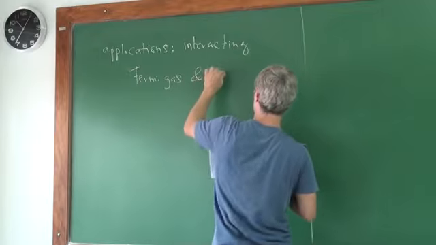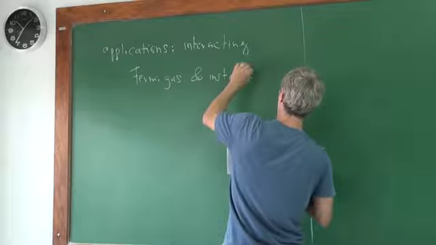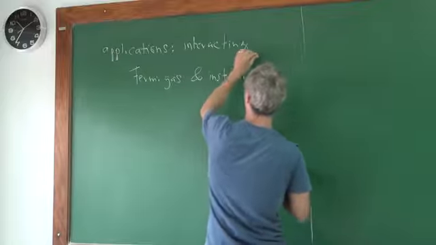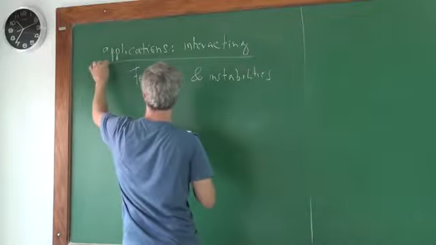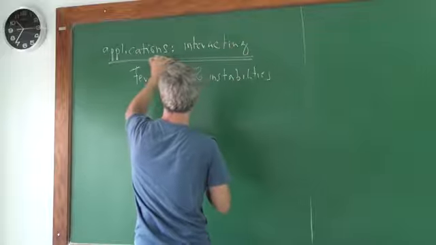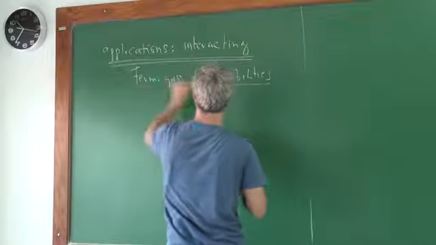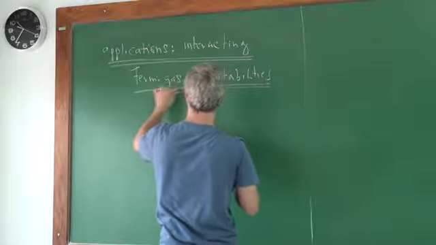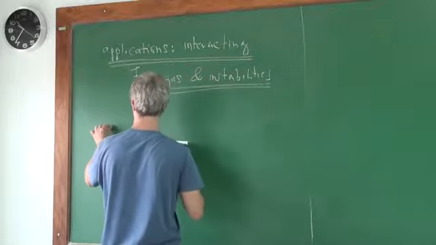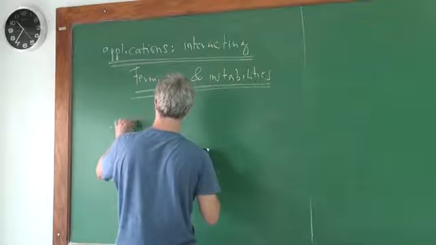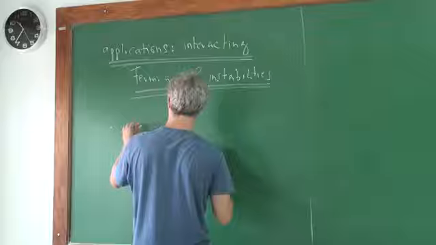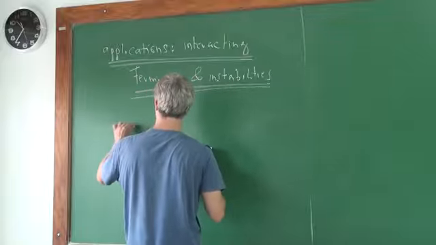What is meant by instabilities should become hopefully clear throughout the lecture. Okay? So ideally, we will discuss three applications, which is first the interacting electron gas, or the weakly interacting electron gas.